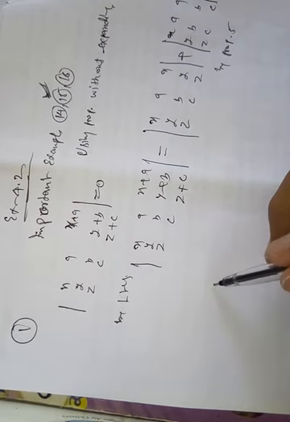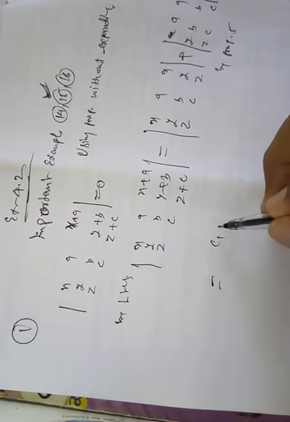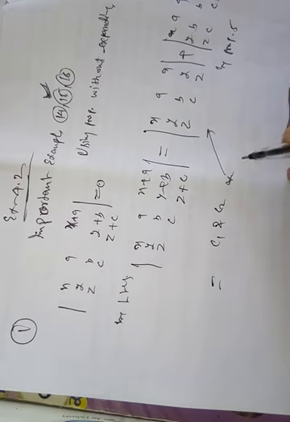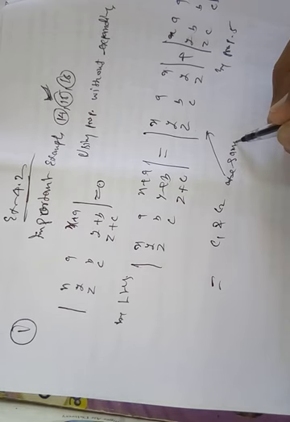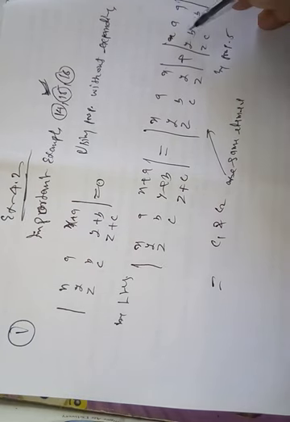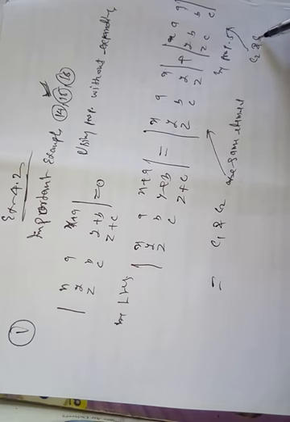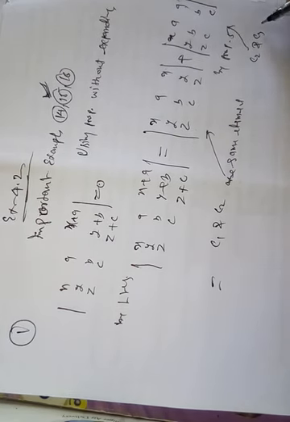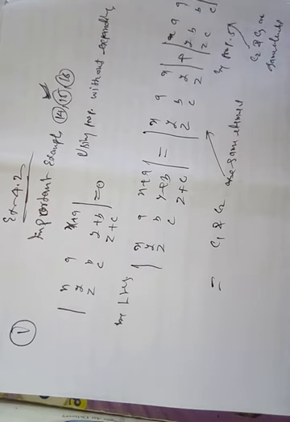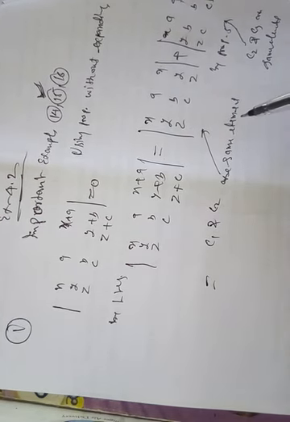Here C1 and C2 are the same elements, and in this one the rows are the same elements. The same elements in 2 rows or 2 columns, then the determinant equals 0.